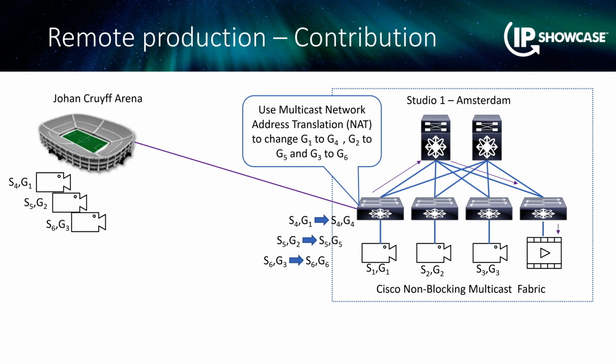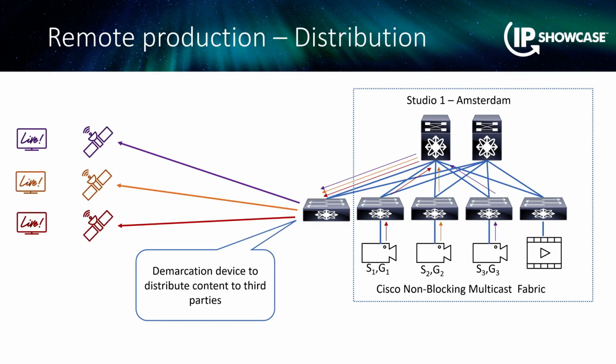So that's a contribution use case, signals incoming into the network, and how they are distributed through the network. There is also a distribution use case. I have a set of sources in my network, and I need to distribute them to three different service providers. How do I do this without disclosing information about my network, and also protecting myself from a security perspective?